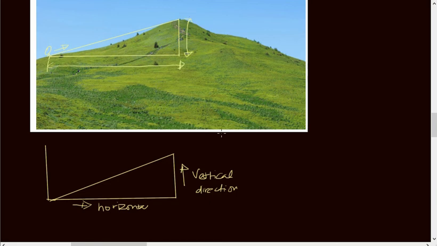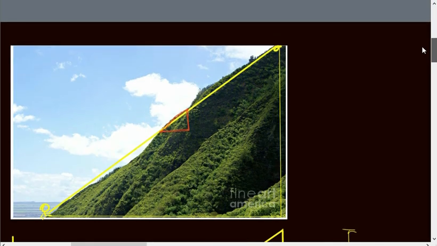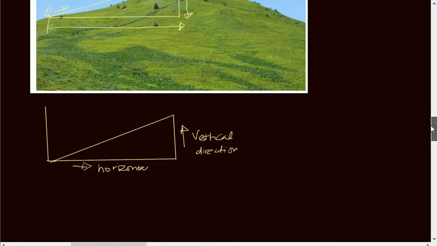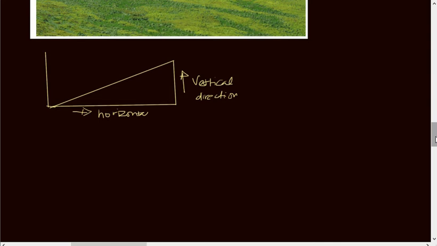Now, I ask you this question. Which will be easier to climb? This hill or this hill? So the difference between these two pictures is this, that distance in horizontal direction increases, then perpendicular also increases the distance in the vertical direction.